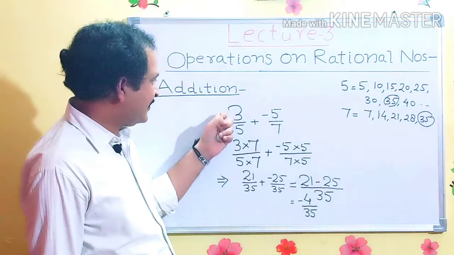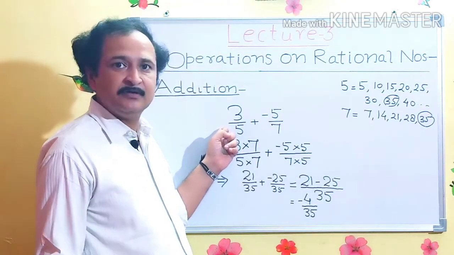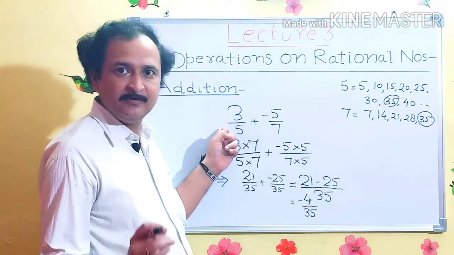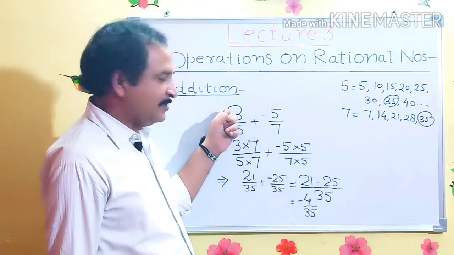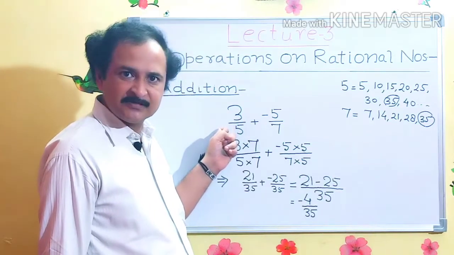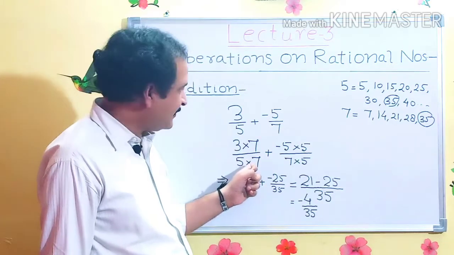Now convert 3 by 5 into an equivalent rational number whose denominator is 35. For this purpose we multiply 7 in the numerator and denominator both of the first rational number, so the equivalent rational number is 21 upon 35.